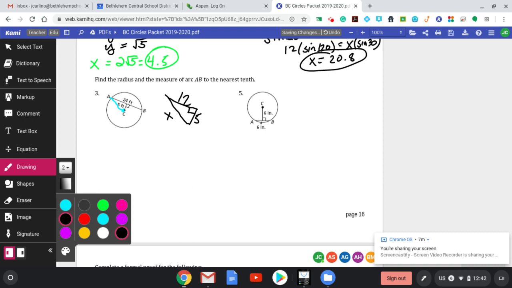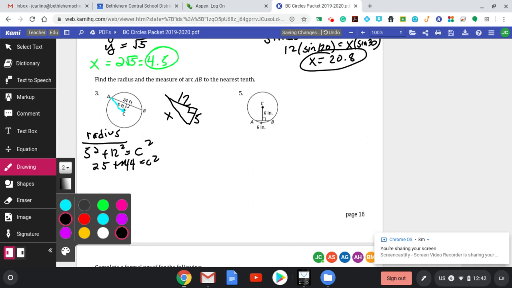All right, so for the radius, we're going to do Pythag. 25 plus 144 is equal to c squared.